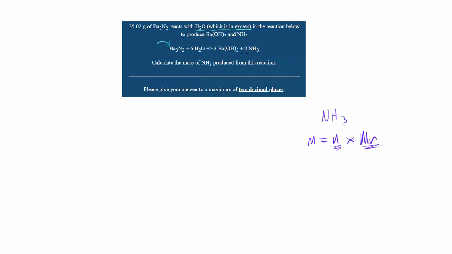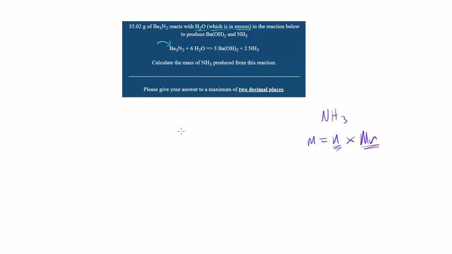What we can do is use the stoichiometric relationships in this balanced equation, effectively reverse engineering it from the barium nitride, to work out the number of moles.